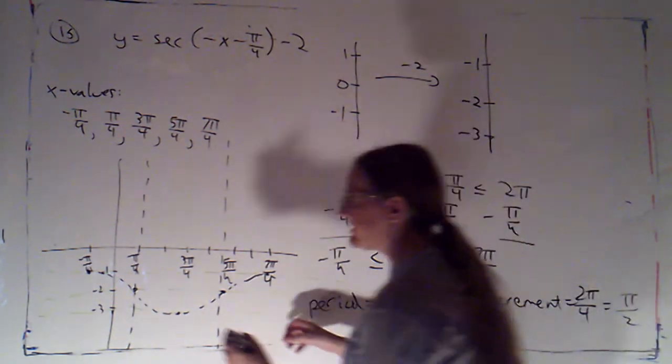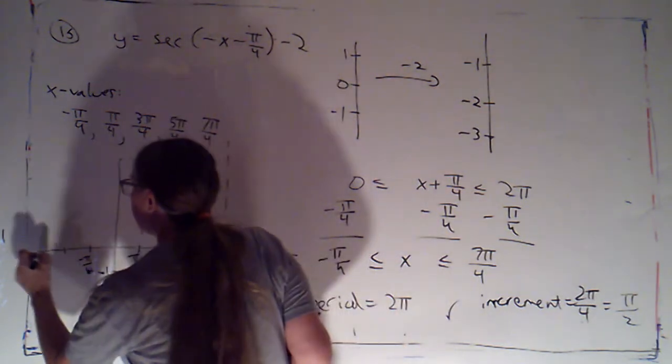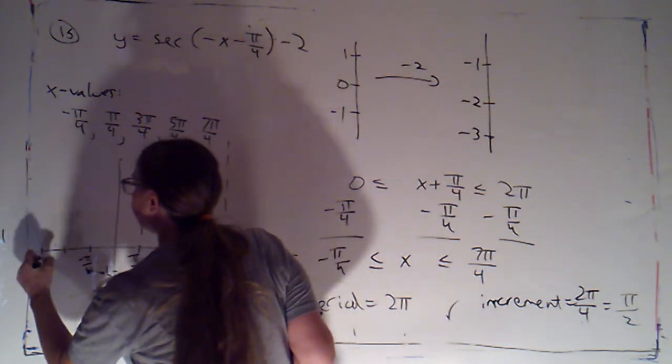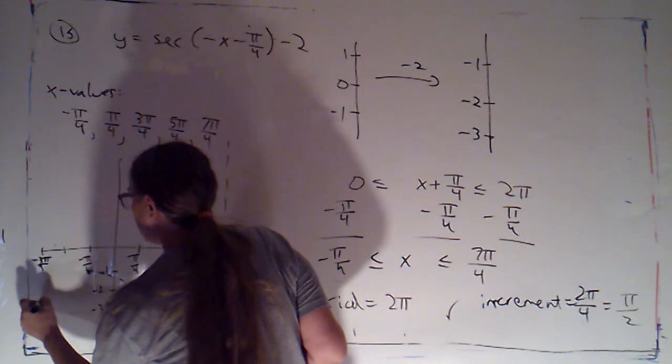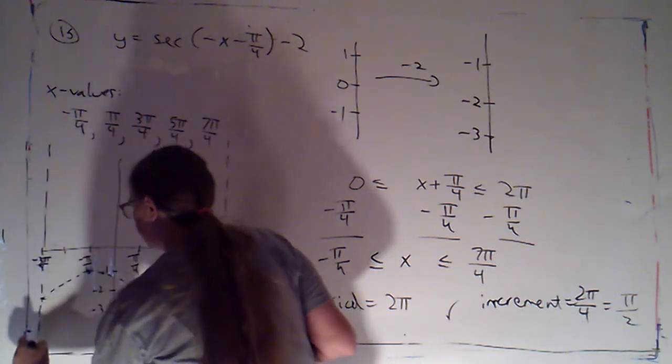I'm going to just extend to the left. So let's see, my increment was 2 pi over 4, so the next place would be -3 pi over 4, where we'd be at a middle value, and there I'd have an asymptote.